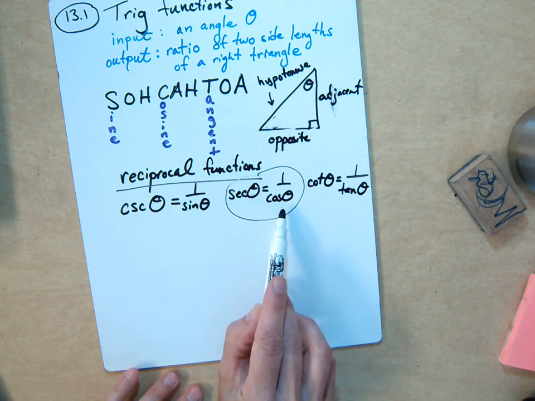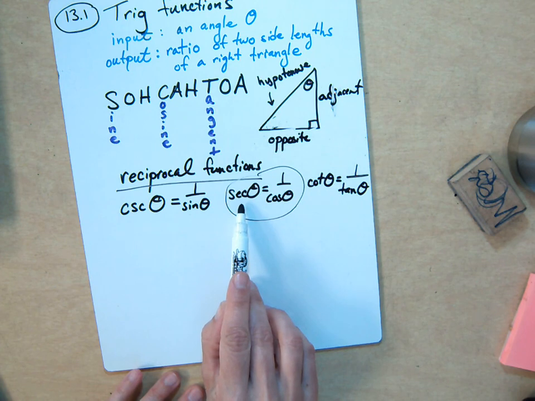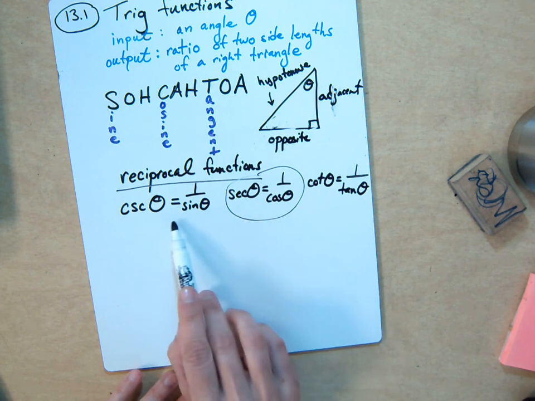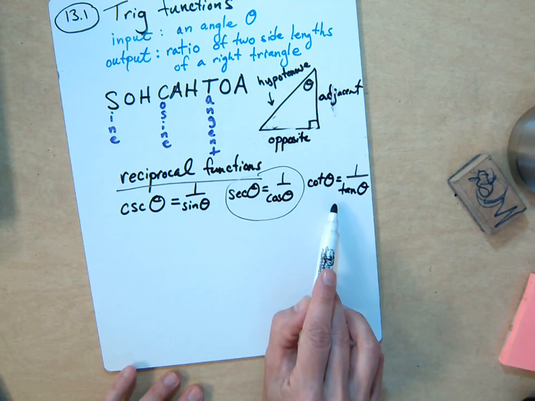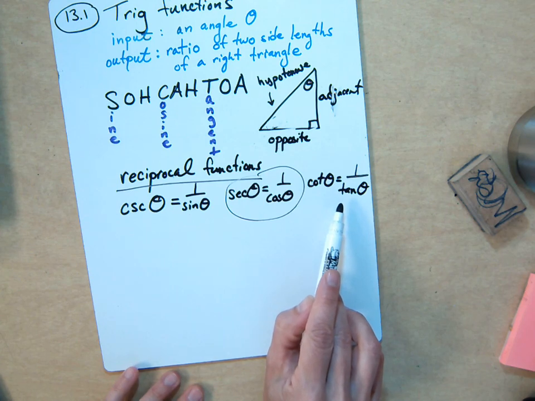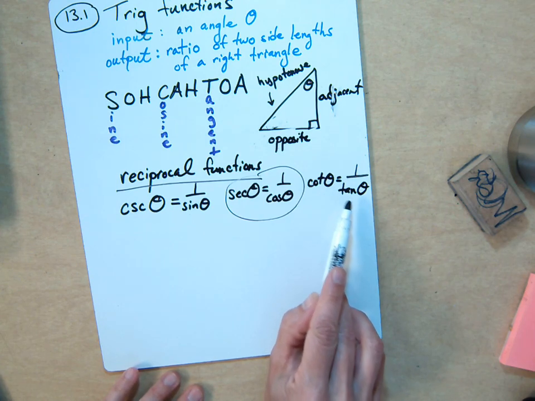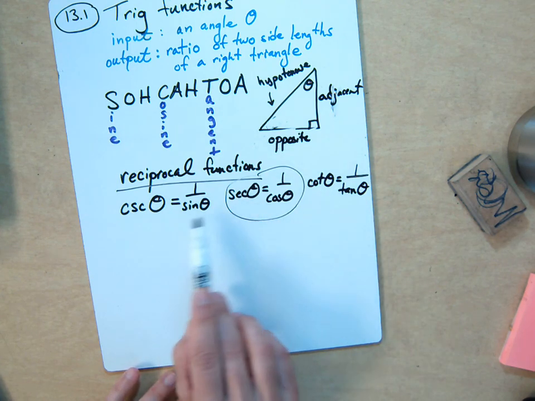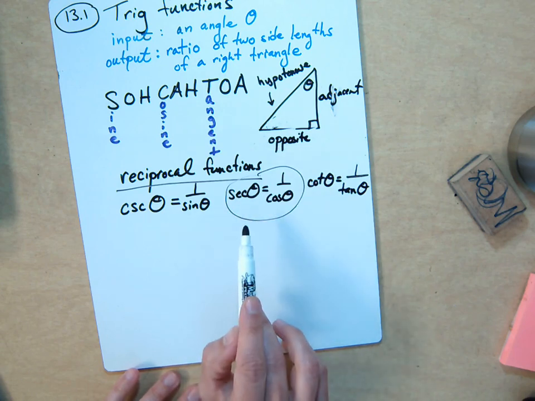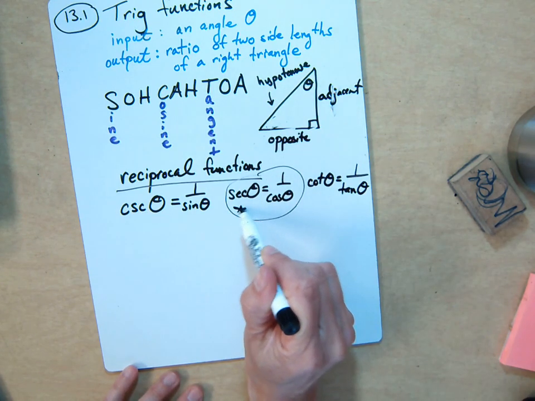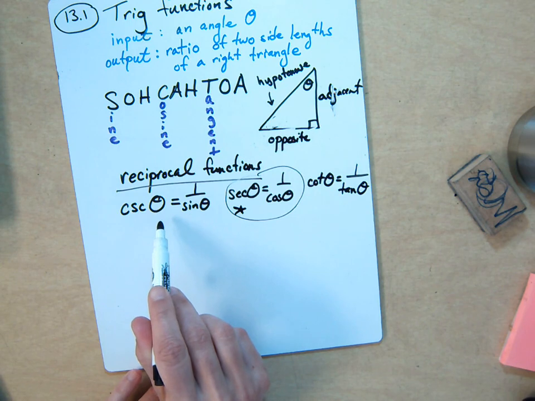You know what Costco is, the big grocery store. It's easy to mix these two up. This one people don't mix up, because cotangent and tangent, it's obvious they're reciprocals. But these two people mix up, so now you won't. Just remember this one, and then you'll know the other one.